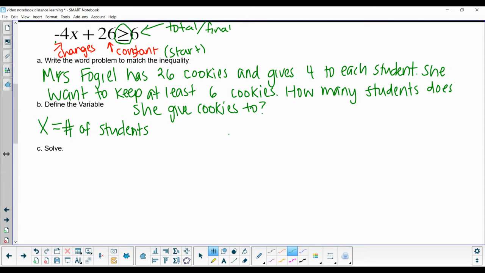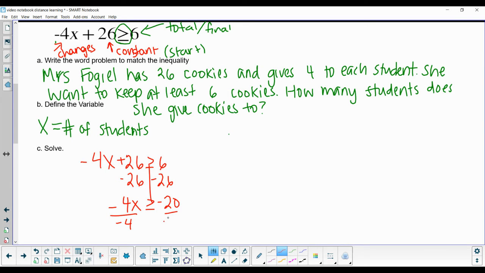Now if I want to, I can also go back and solve. Gotta move the constant. Negative 4x is greater than or equal to negative 20, divided by negative 4. And I gotta flip this because I'm dividing by a negative.